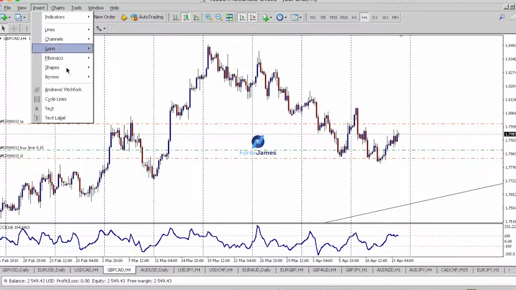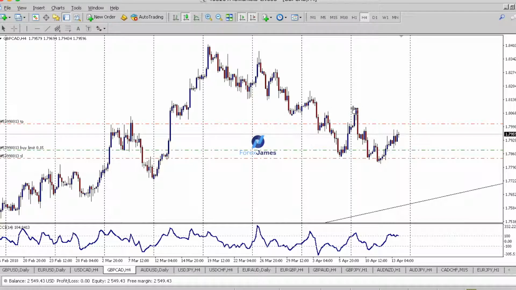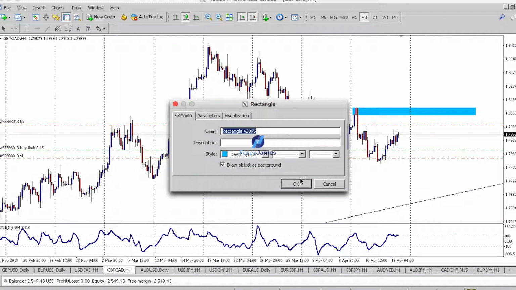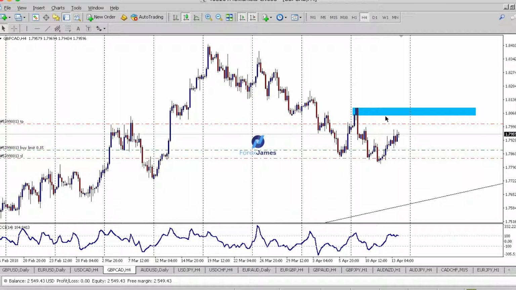Price might stop right here at the supply level. Really strong one. So if it goes up here, it reverses. Then we'll look for longs in this area. We have a buy limit still, so it might just hit the buy limit first and go up, or just go up first. If it goes up first, I'll just delete the buy limit and look for a new opportunity.